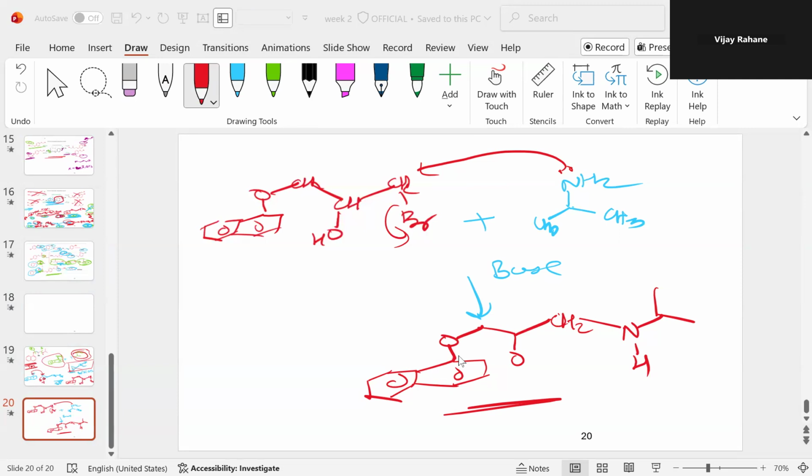Functional group interconversion. And for that, we'll see some more problems on functional group interchange or inversion.